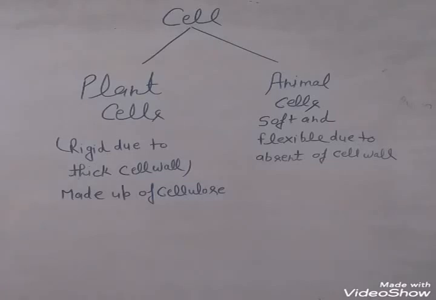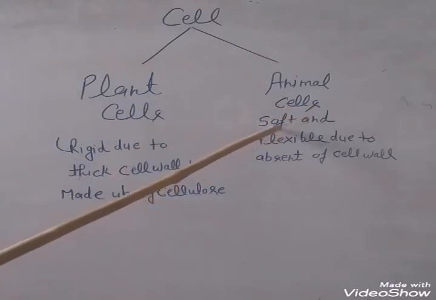Other types of cells are of two types: first, plant cell, and second, animal cell. Animal cells and plant cells are both strictly eukaryotic in nature. They share all essential features of eukaryotic cells, but with many differences in their structures.